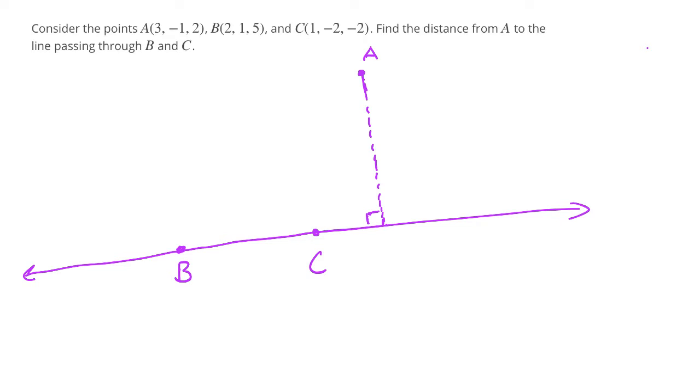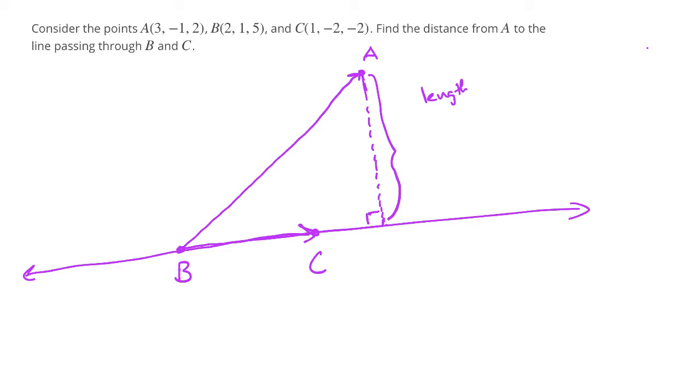And so if we imagine the line, the vector that's in the direction of B and C, and then if we want to imagine the vector from B over to A, then for that vector, this distance that we're really talking about is just the orthogonal component.